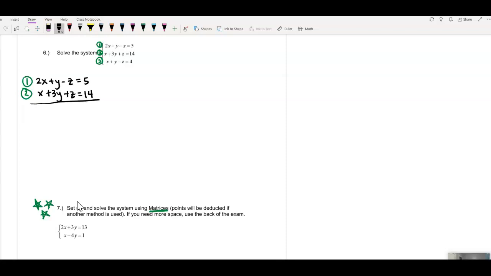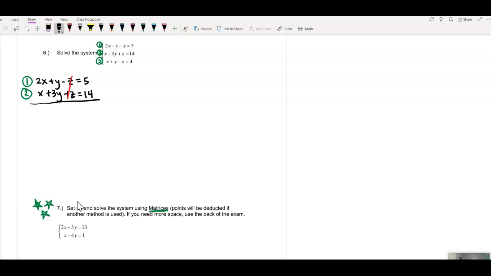Then I can see right off my Z's cancel out, and like I said, I didn't have to multiply by anything. So that's the best case scenario, the easiest thing to do there. So I agree that I would pick the Z's too.